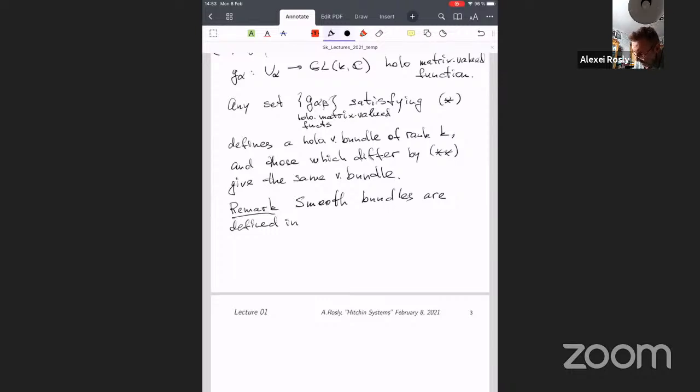Anyway, smooth bundles are defined in the same way, except that there is no requirement of holomorphicity.